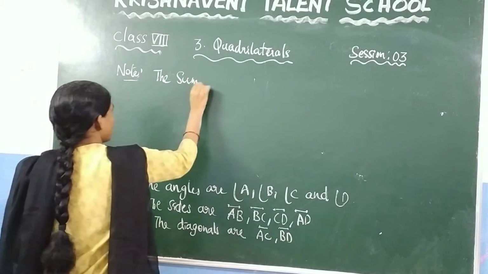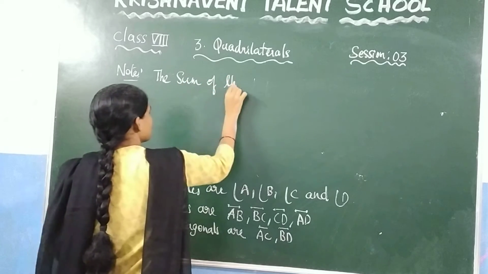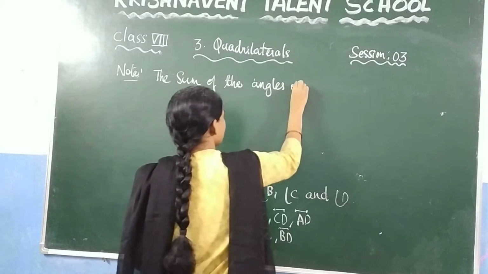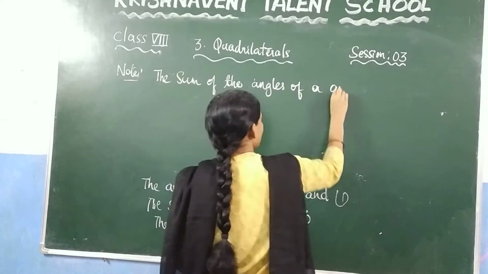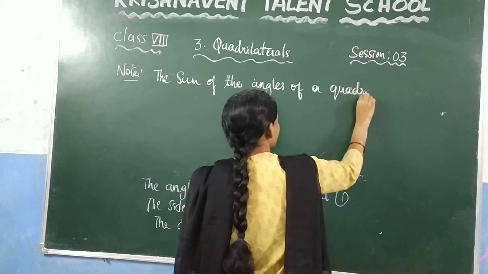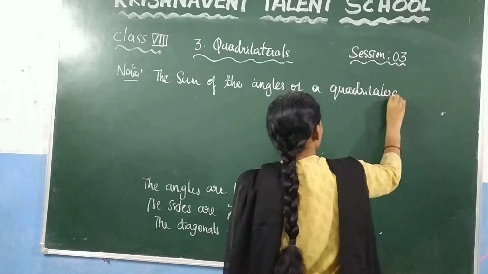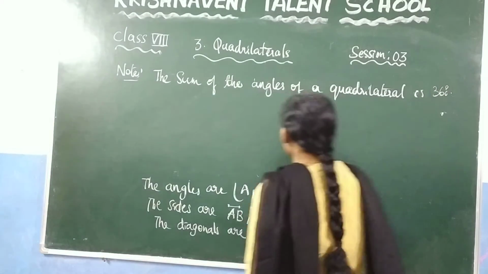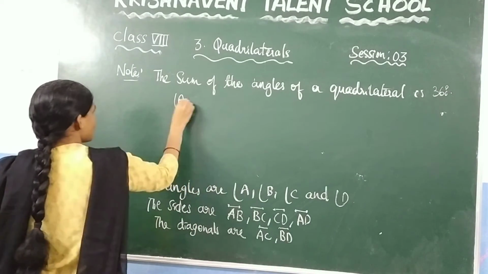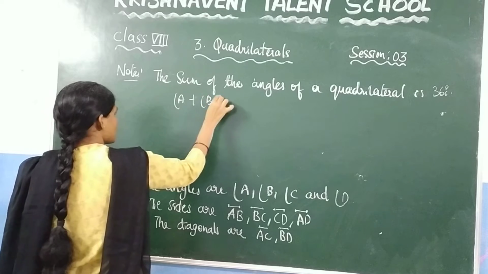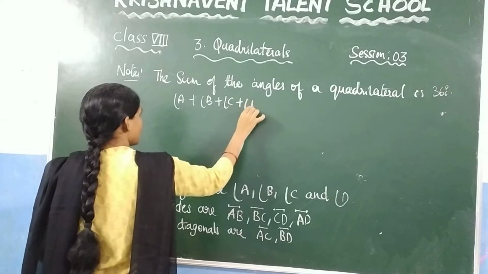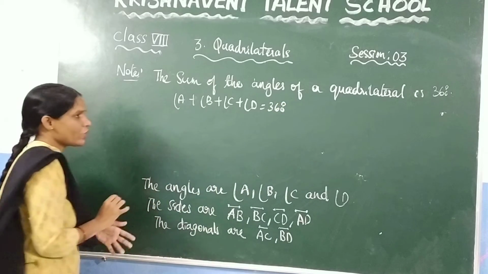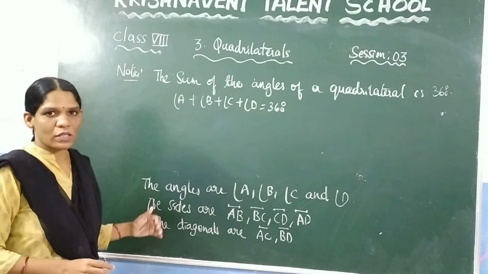The sum of the angles of a quadrilateral is 360 degrees. That is nothing but angle A plus angle B plus angle C plus angle D is always equal to 360 degrees.